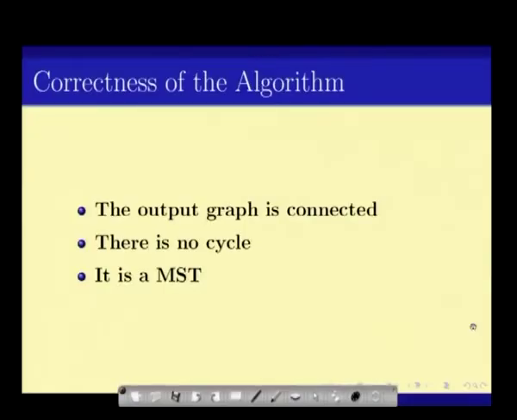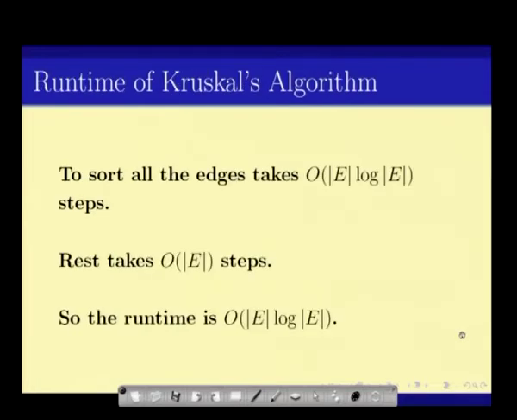It is clearly a greedy algorithm because it does everything in a greedy way. It picks the minimum weight as much as possible, but the correctness proof of this algorithm was a bit complicated. In fact, it was not clear in the first shot whether the output is even connected, and secondly whether it creates a cycle and so on.